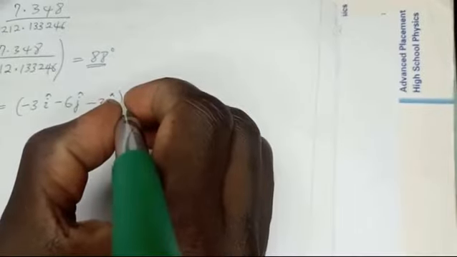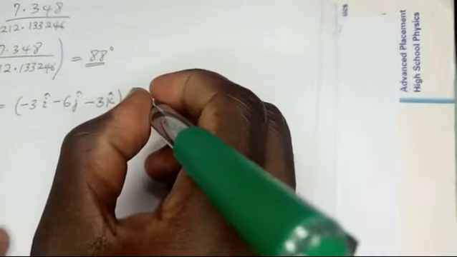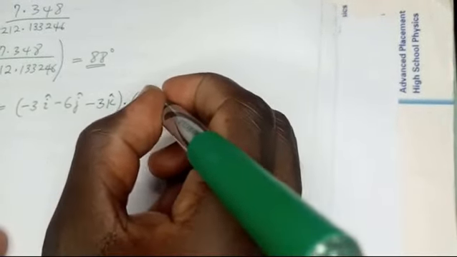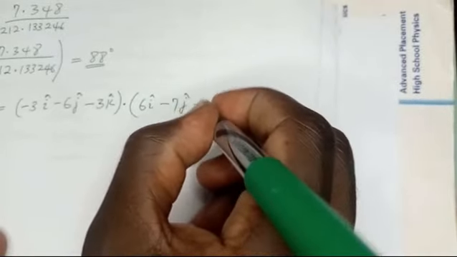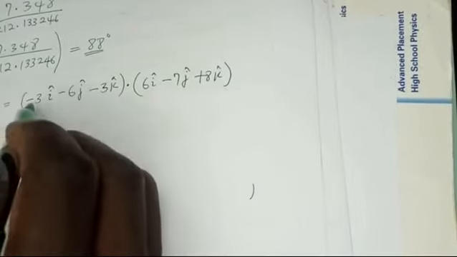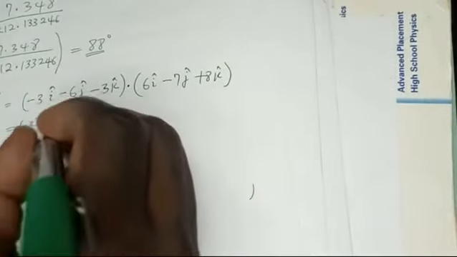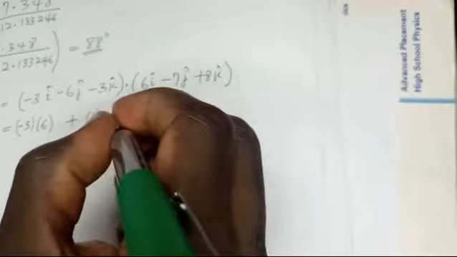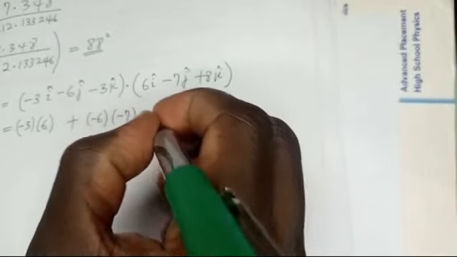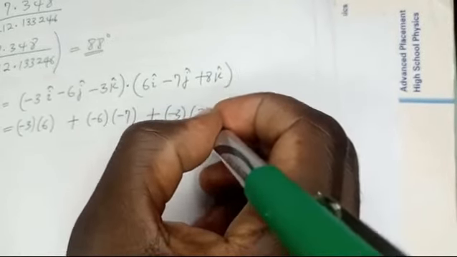Then dot our P, from the problem we are given, our P was 6 i cap minus 7 j cap plus 8 k cap. So this one, as before, you take this one and multiply by this. So I have minus 3 multiplied by 6, plus, then I take this minus 6 and for j I take minus 7, plus, then I take this minus 3 and the plus 8 for k cap.